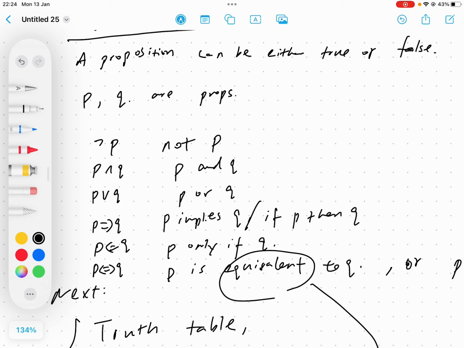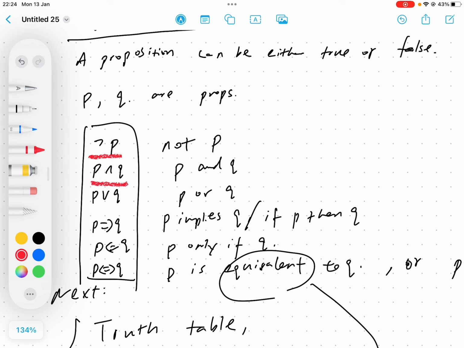So here we have some notations, okay? Where we have this, the negation of P, so that is just not P, okay? And this is P and Q, okay? We're not talking about the formal definitions. It's just how we read those notations.